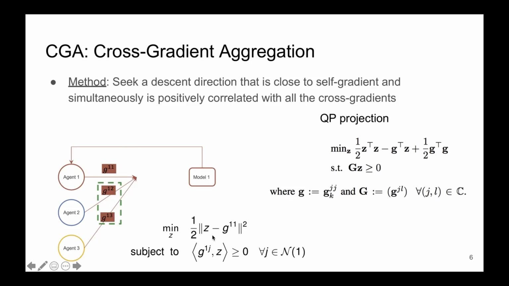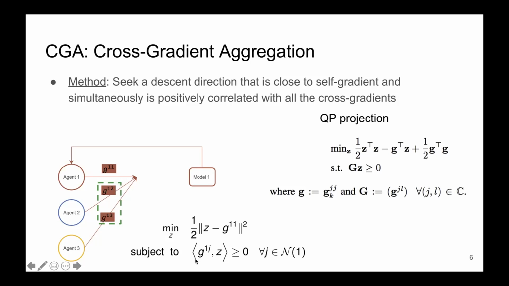We try to solve this problem here: in the loss, you can see that we try to find a z that is close to the self gradient, but we have a constraint that this z is positively correlated with all the cross gradients, and N1 here represents the neighbors of agent one.